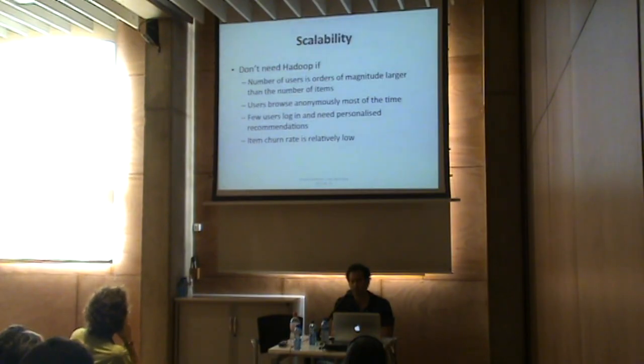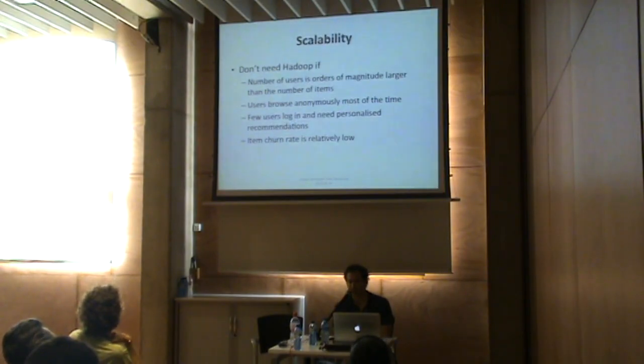That works if your number of users is much, much larger than the number of items or the amount of content. And you can also specify that you only want to make recommendations for certain content types. That applies if your users are browsing anonymously most of the time, if people are not logging in and they don't need personalized recommendations specific to them, or if you're not churning through lots of new content on a regular basis.